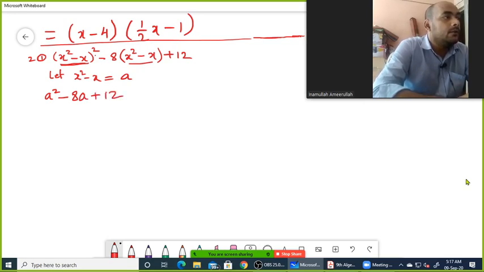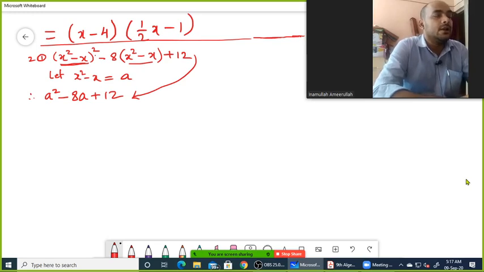Now this equation changes to this by considering x square minus x as a. Now this final expression looks like a quadratic polynomial.